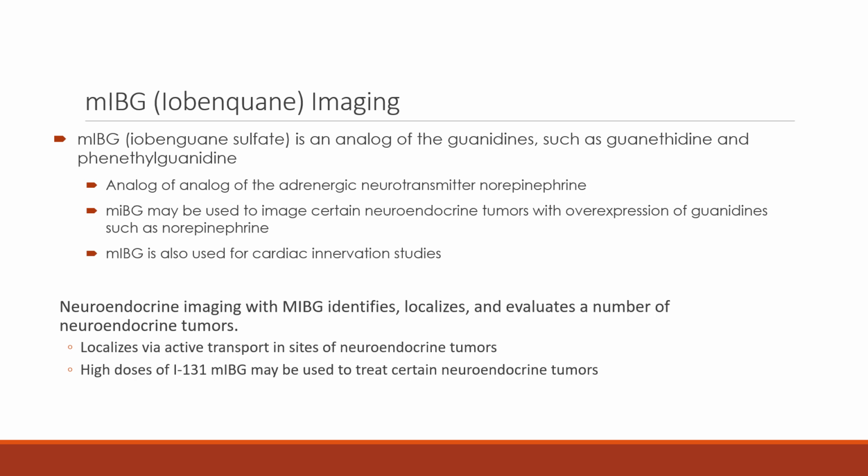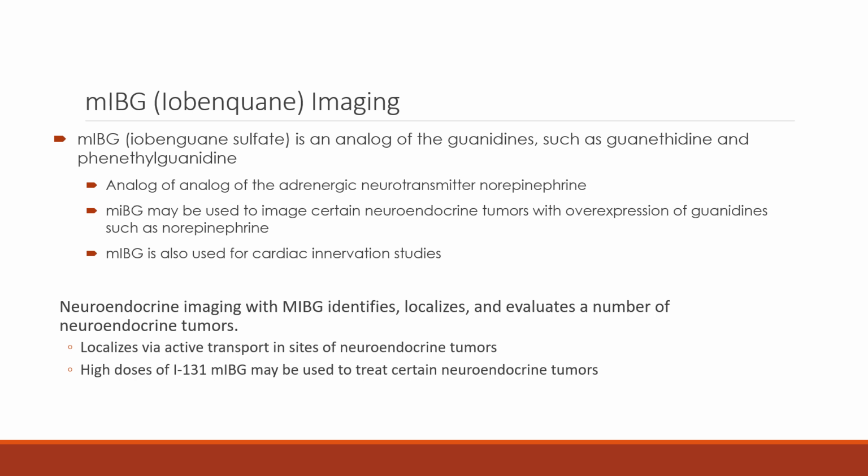This is an analog of the adrenergic neurotransmitter norepinephrine. The MIBG may be used to image certain neuroendocrine tumors with overexpression of guanidines, such as norepinephrine. And the MIBG is also used for cardiac innervation studies.